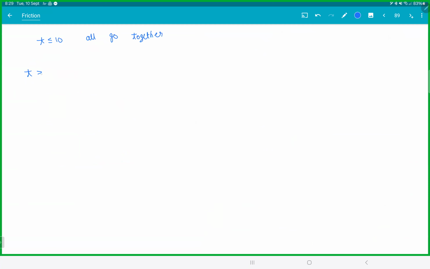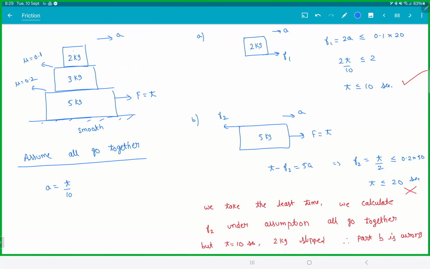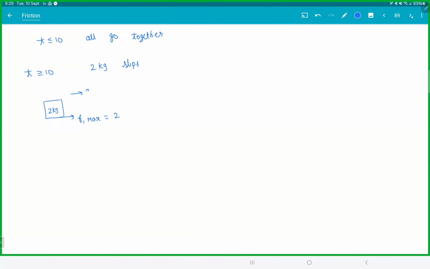Now for T greater than 10, 2 kg slips. So draw the 2 kg FBD separately. 2 kg, this will be F1 max, which is 2 newtons. So this is the acceleration of the 2 kg block. So acceleration of the 2 kg block is 1 meter per second square.